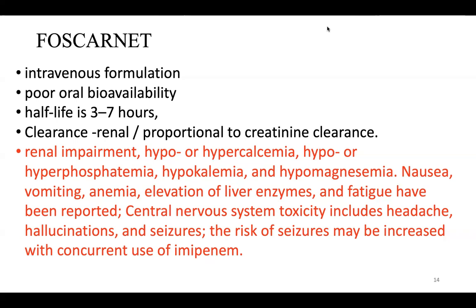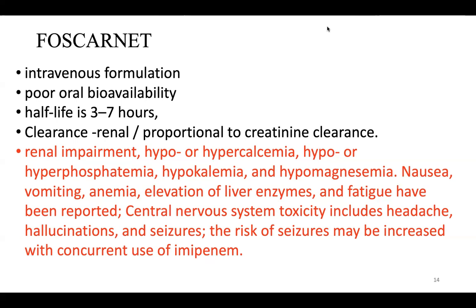Foscarnet is available in intravenous formulation only. Poor oral bioavailability and gastrointestinal intolerance preclude oral use. Cerebrospinal fluid concentrations are near 67% of steady state serum concentration, and the main plasma half-life is 3 to 7 hours.